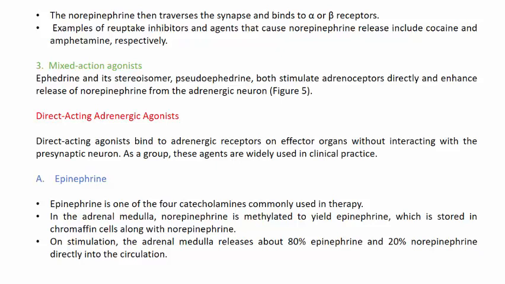المثال عليها example of reuptake inhibitors and agents that cause norepinephrine release include cocaine and amphetamine اللي هي تعتبر examples على agents اللي related to this group. Number 3, mixed action agonists اللي هي الإفيدرين and its stereoisomer اللي هو pseudoephedrine.